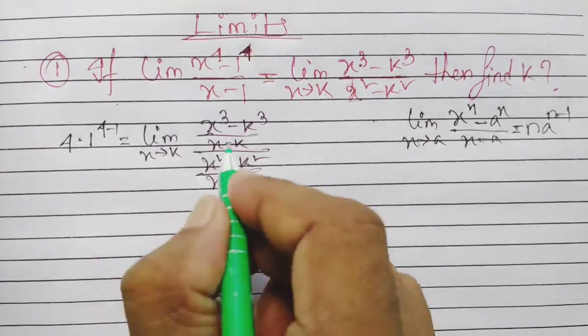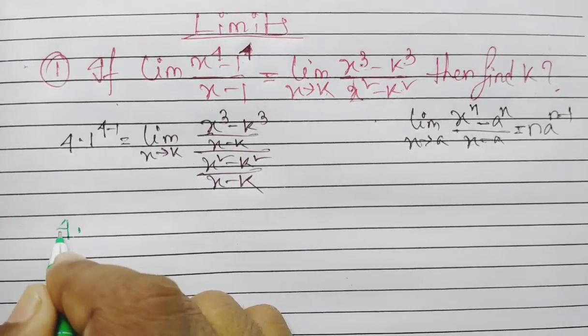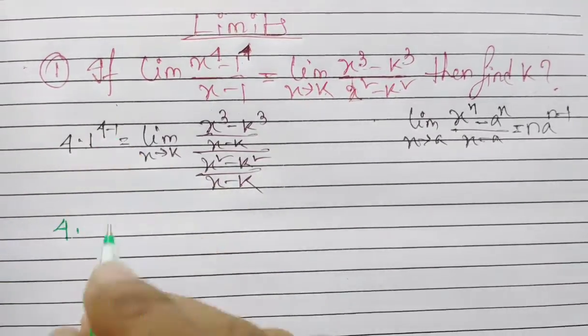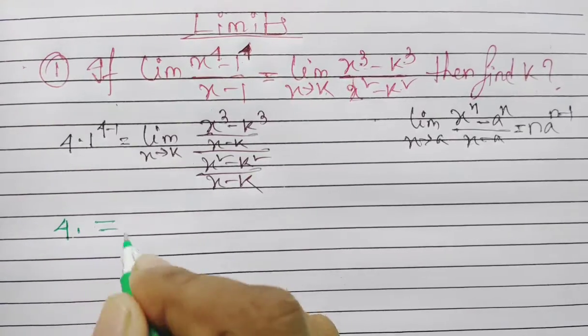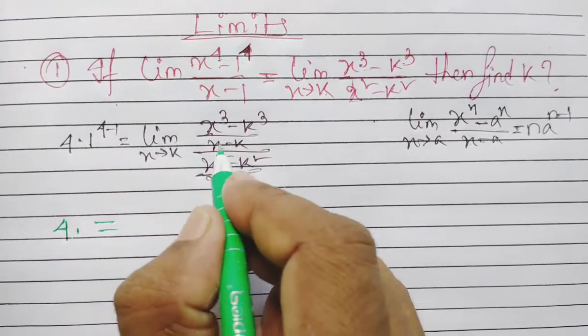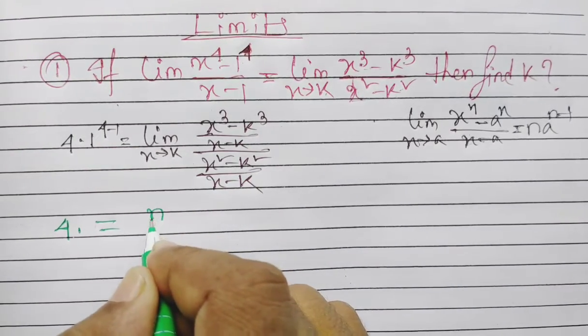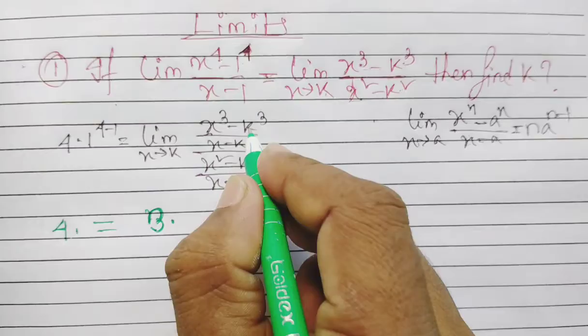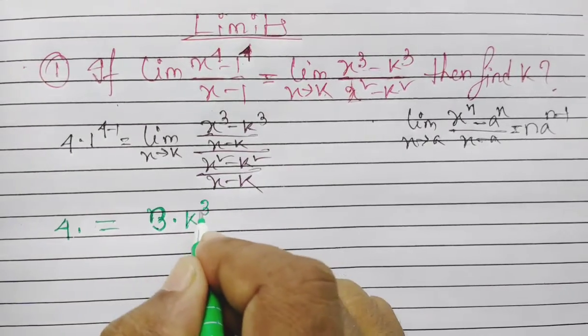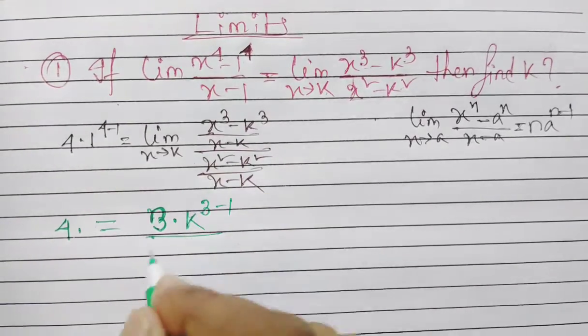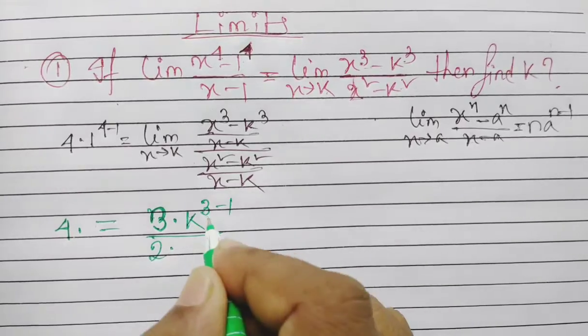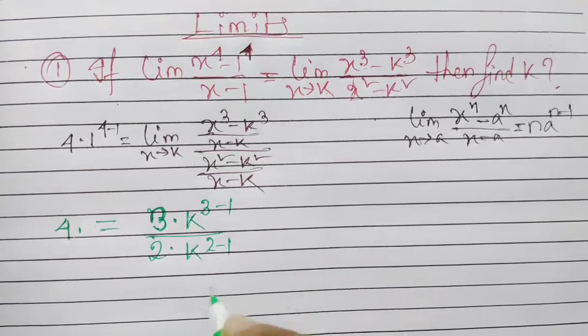So from here we can write 4 into 1 to the power 4 minus 1, that means also 1. Limit of x tends to k, here n is equal to 3, so 3 into k to the power 3 minus 1, and here n is equal to 2 and k to the power 2 minus 1.